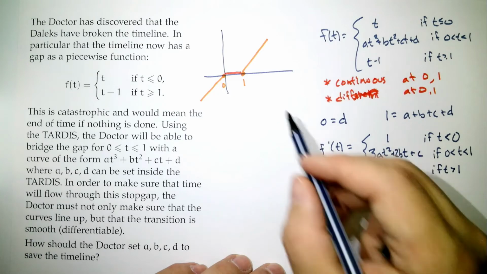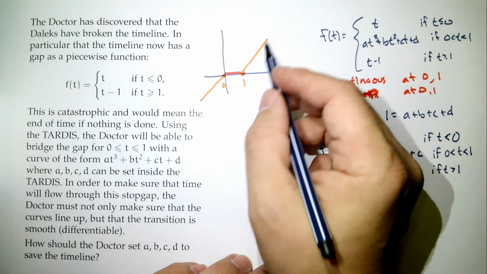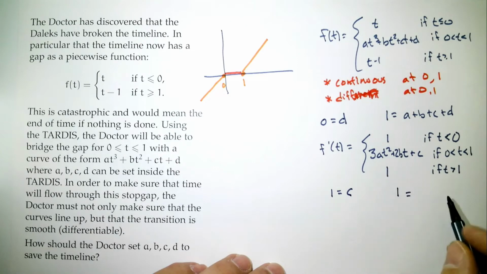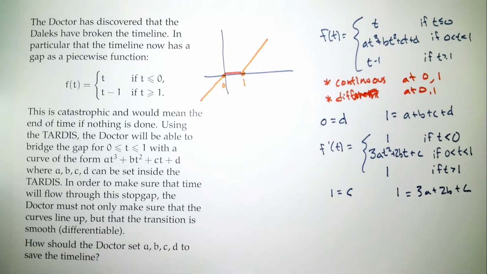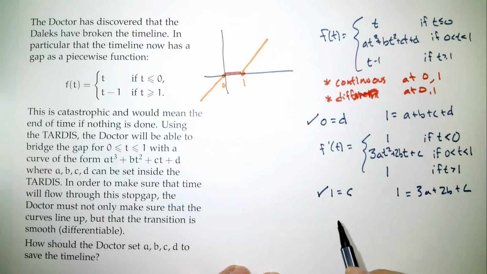And then on the other side, here at 1, I should get 1. That should equal what happens when I plug in 1. Well, that's 3a plus 2b plus c. So now I can start updating. We've already found 0 equals d, and we found that 1 equals c. So that's good.